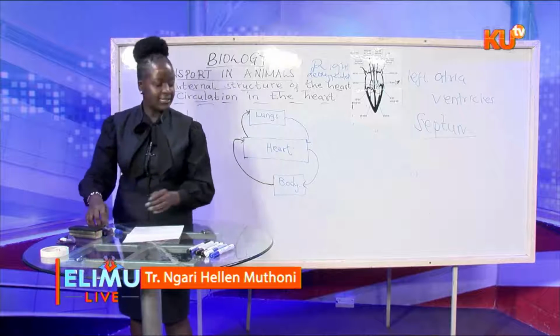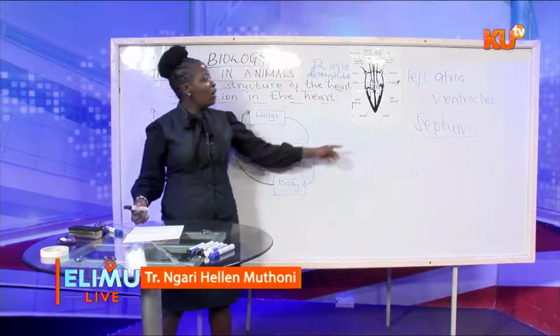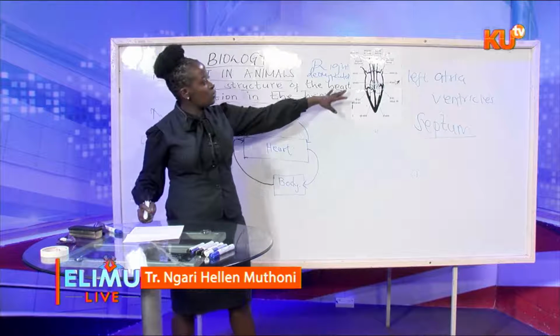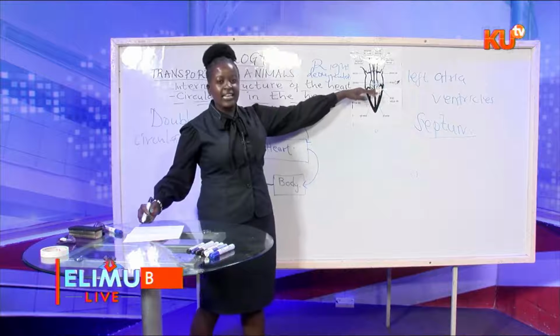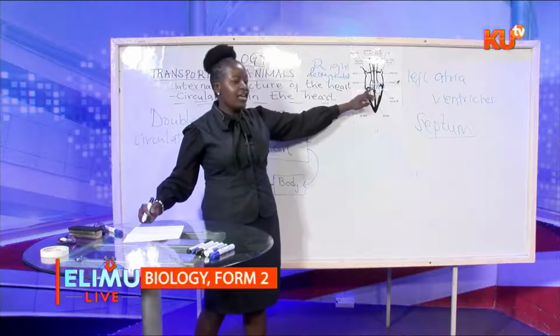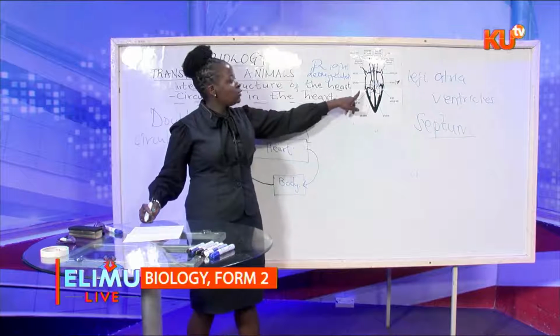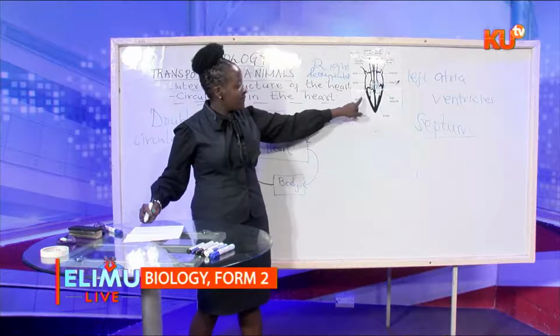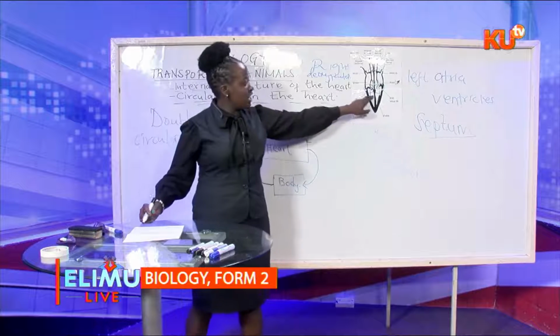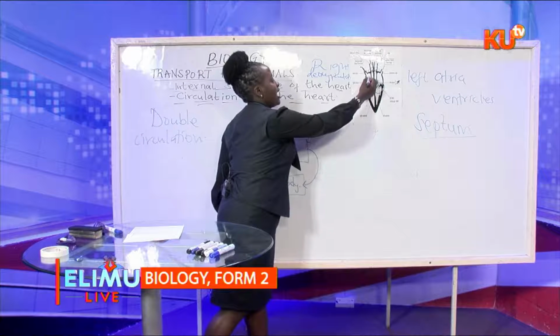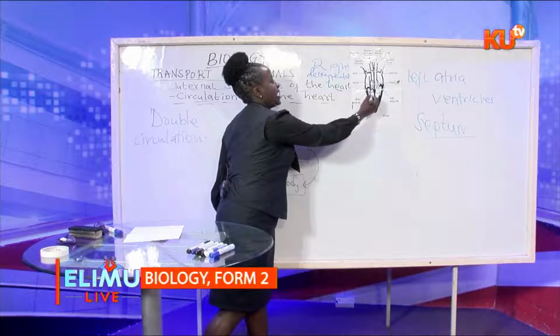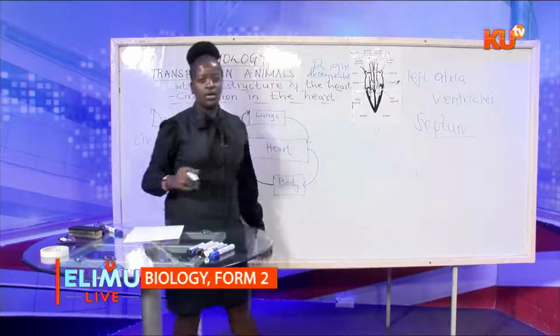So after that, this blood will pass through the cuspid valve, and for this side, the tricuspid valve, and it will enter the right ventricle. So the blood will flow from the right atrium to the right ventricle.